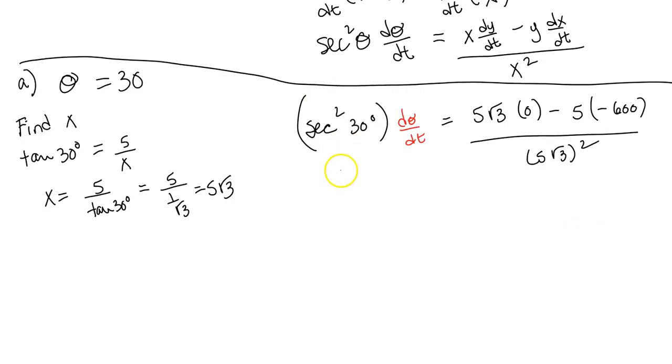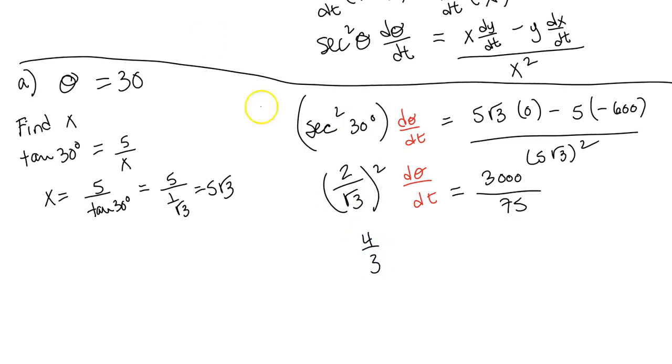And secant of 30 degrees is 2 over the square root of 3, so that's going to be squared times d theta over dt. And when you do the math here, you get that that's equal to 3,000 divided by 75. So this is 4/3 d theta over dt equals 40.